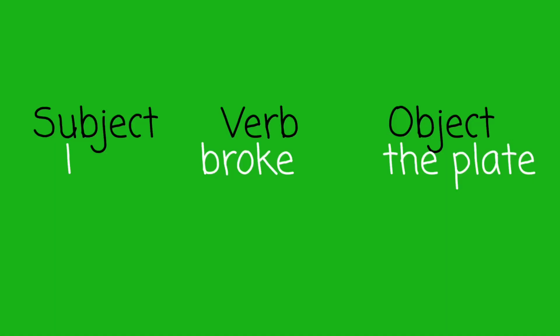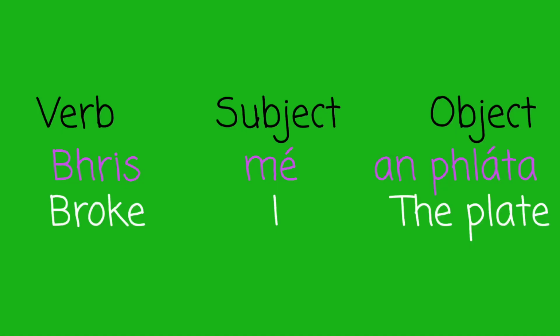So in English, when you're forming a basic sentence like I broke the plate, the structure of that sentence is the subject comes first, I am the subject, the verb comes second, broke, and then the object comes last. The plate. Subject, verb, object. I broke the plate. In Irish, it goes verb, subject, object.